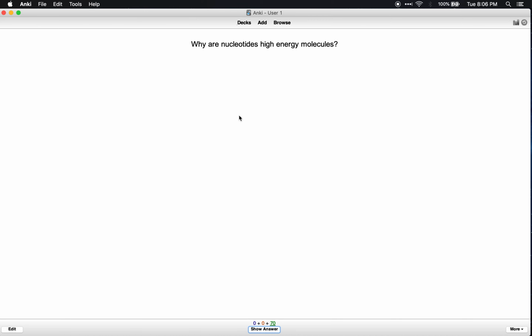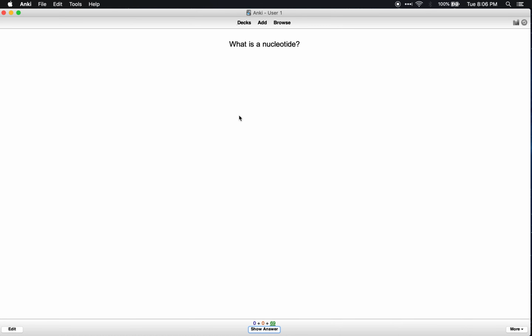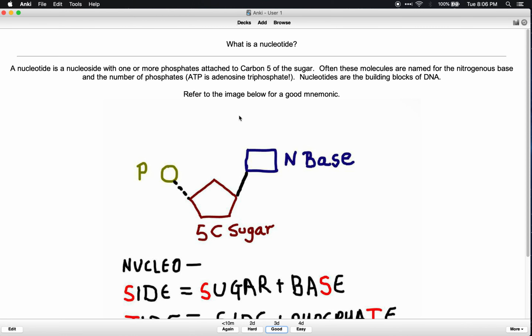Nucleotide triphosphates contain 3 phosphate groups, which are all negatively charged, so they repel each other, providing lots of potential energy for the nucleotide. A nucleotide is a pentose sugar with a base attached to carbon 1, and at carbon 5 we have a bunch of phosphate groups.